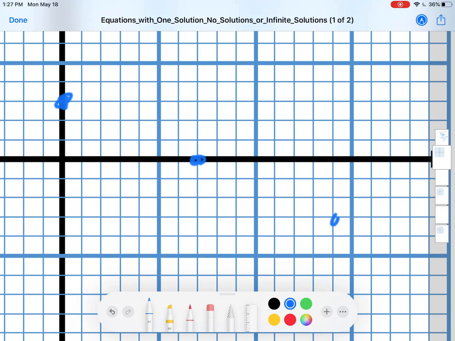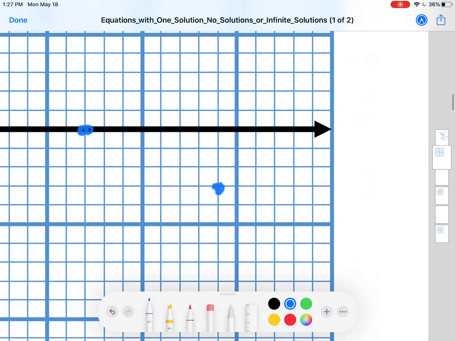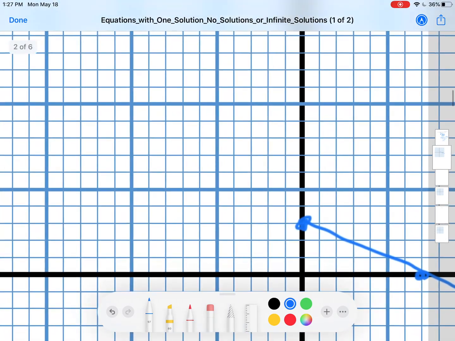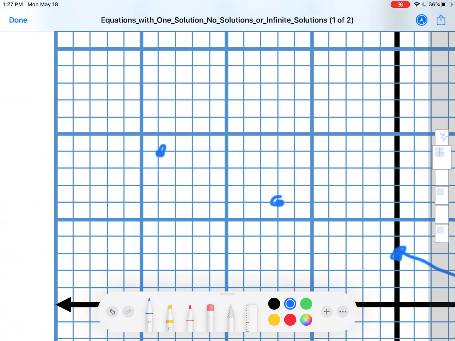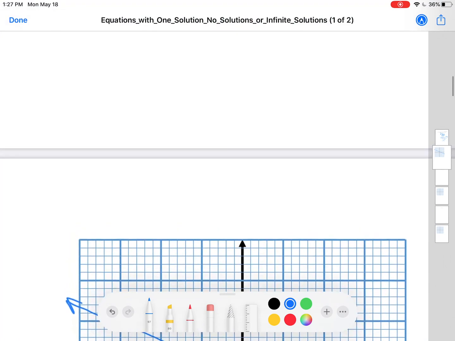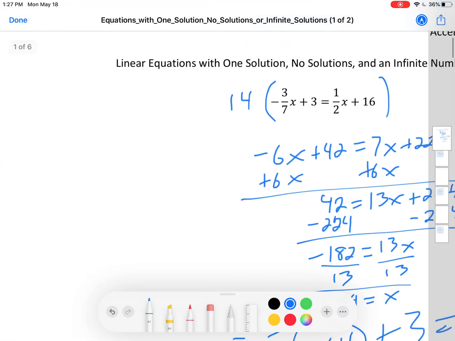Over 7, down 3. That's off the graph, so I'll draw that part of the line through there. Arrow. They go in the other direction. Over 7, up 3. And that's off the graph, so I'll draw in this direction. Okay, see the other part of it up here.